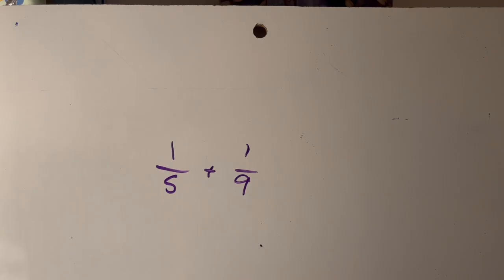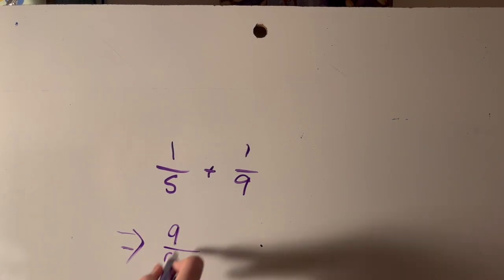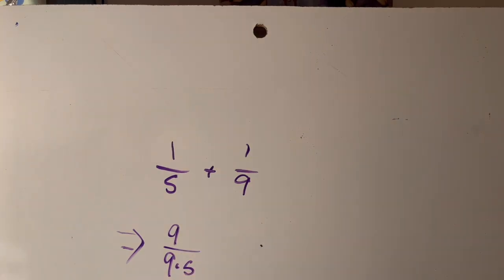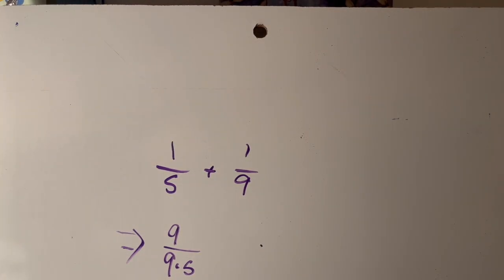Because remember, if you multiply something by 1, it is no different, right? 5 times 1 is still 5. So if we were to take this 5, we could say that it's 9 times 1 over 5. See, what we've done is, from our rules of multiplication earlier, when you multiply two fractions, we've multiplied this by 9 over 9.